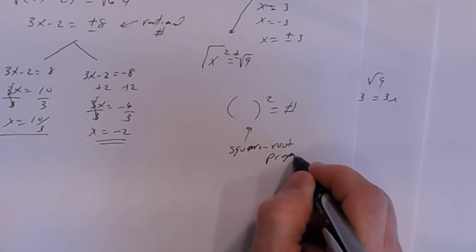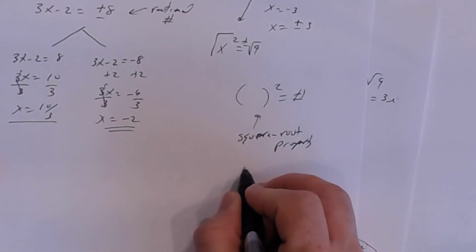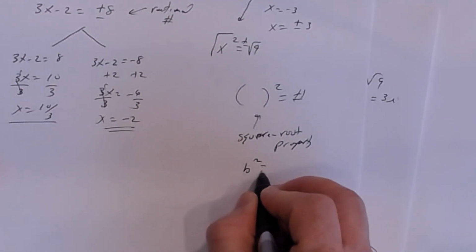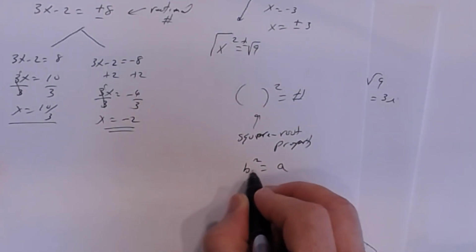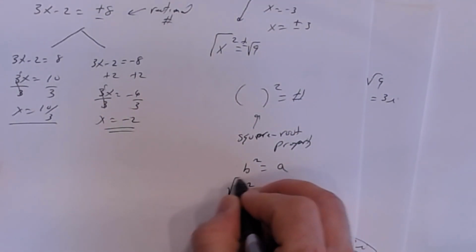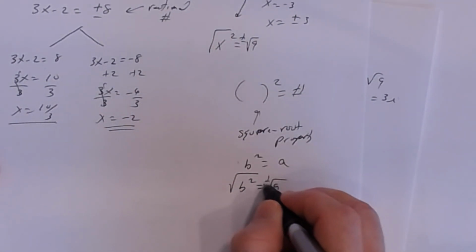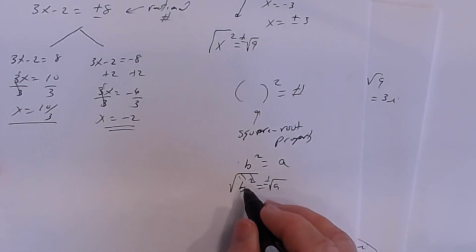The square root property, remember, said this: if you have b squared equal, let's say, a, to get b by itself, you would take the square root of both sides using the square root property, plus and minus though. So the square and the square root undo each other.